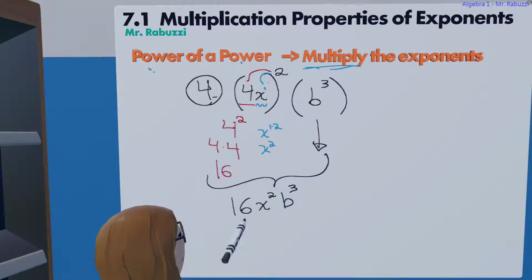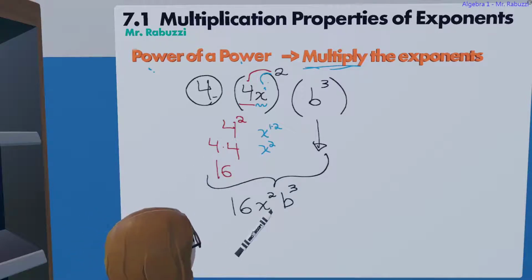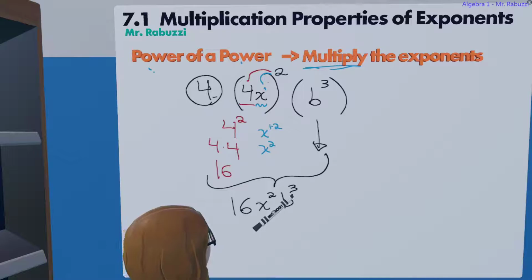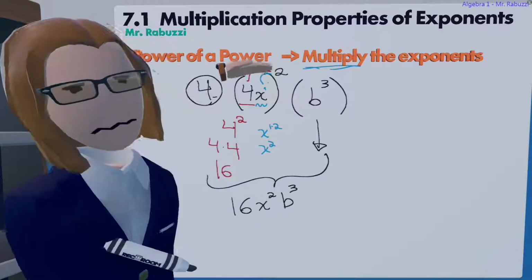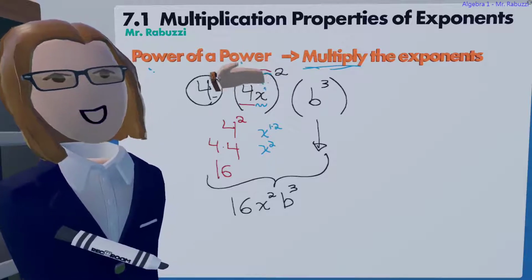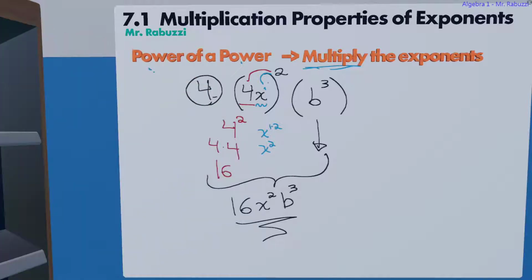Do we have any double bases? Do we have another x anywhere? No. Another b anywhere? No. Do we have a power of a power still? We have a power, and we have a different power, but it's not like here where it's outside the parentheses or stacked on top. So this is all finished. That is our simplified version.